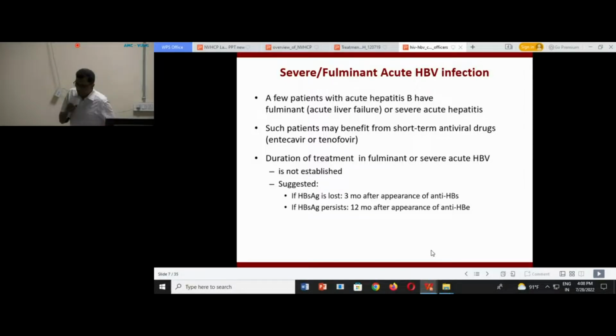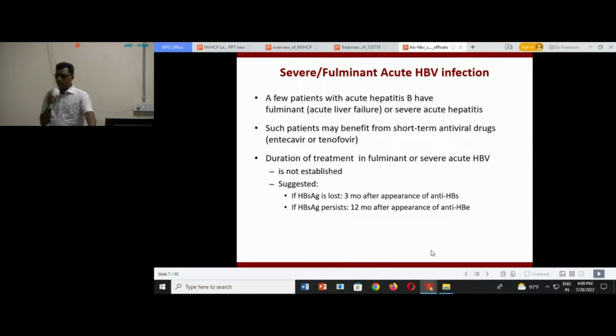But as a clinician, we must understand that hepatitis B is a carcinogenic virus. Sometimes, irrespective of our treatment also, people land in liver cancer. That is the bad thing about this virus. So, we try to treat this patient early.